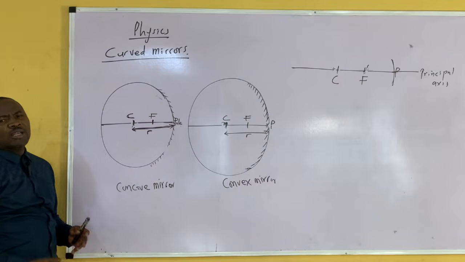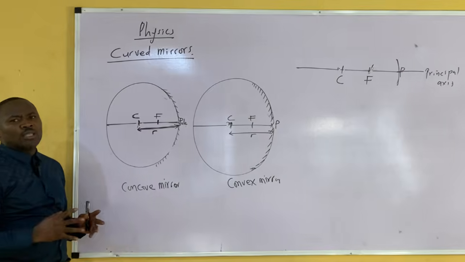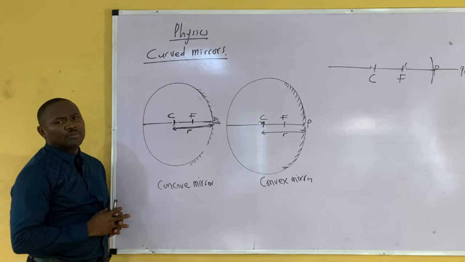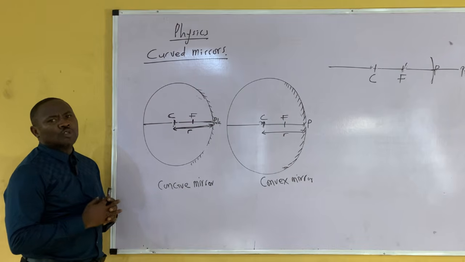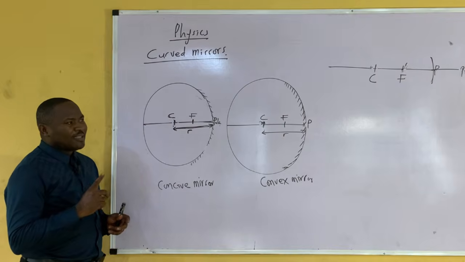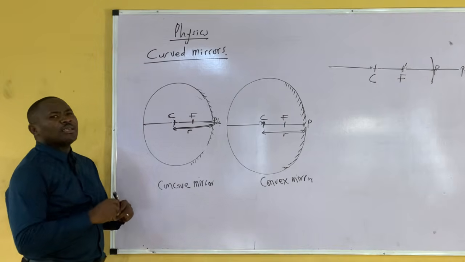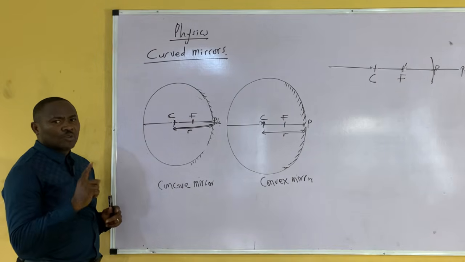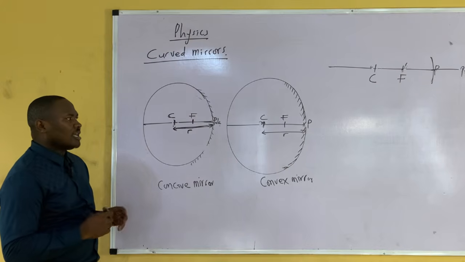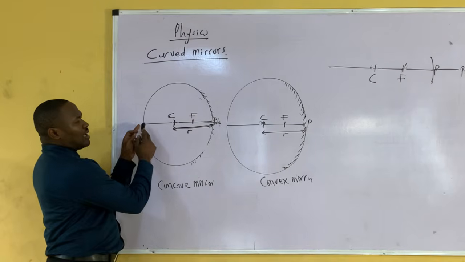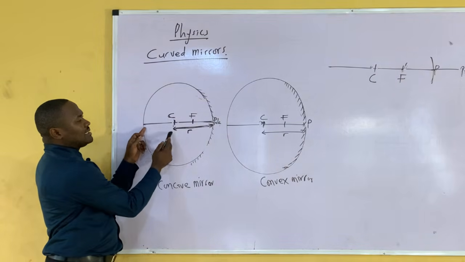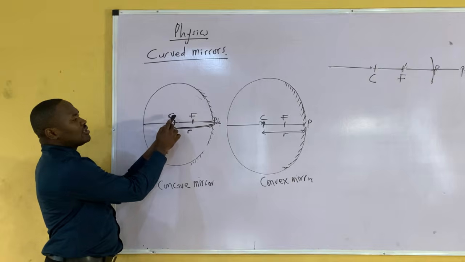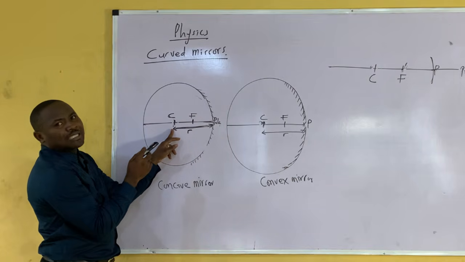So that brings us to a very smart question that can be asked. In a spherical hollow, if the diameter of a spherical hollow is 20 centimeter, calculate the focal length. It means the diameter of the hollow is 20 centimeter. Half the diameter is the center of curvature, that's 10.